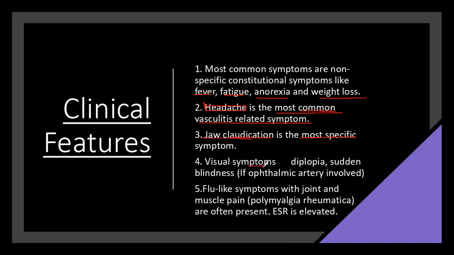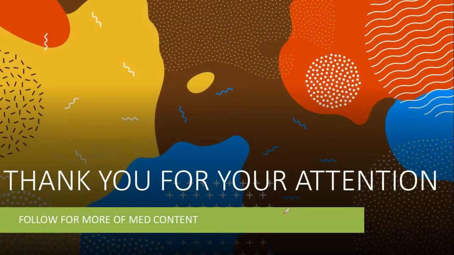Now, visual symptoms may occur, and they can range from diplopia to sudden blindness. Also, flu-like symptoms with joint and muscle pain, polymyalgia rheumatica, may be present, and ESR is elevated. The erythrocyte sedimentation rate is elevated, showing that there is an active inflammation.